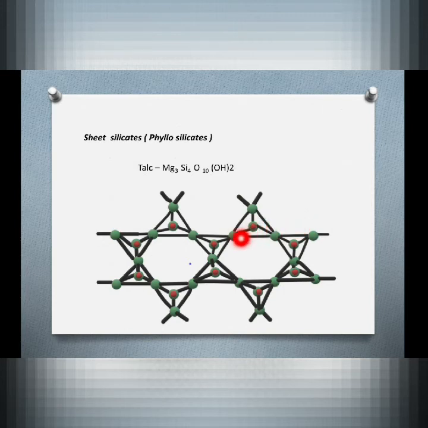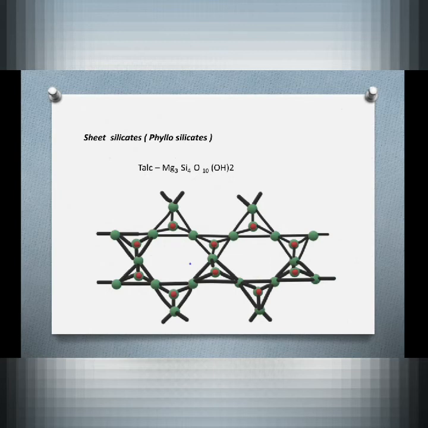If we consider this tetrahedral unit, the number of oxygen atoms shared is 1, 2 and 3, and if we consider this tetrahedral unit, the number of oxygen atoms shared is also 1, 2 and 3, and this is true for all. This is the sheet silicate structure, and it is also known as phyllosilicate structure.